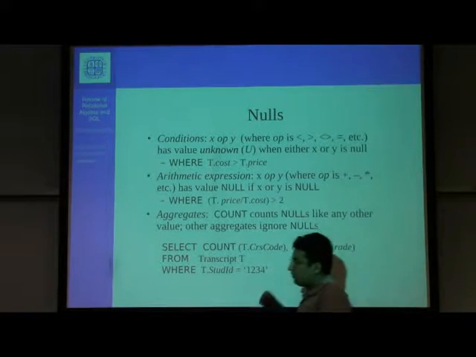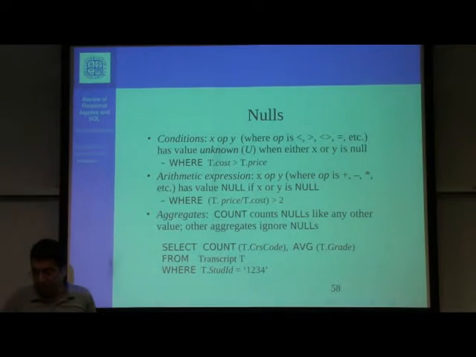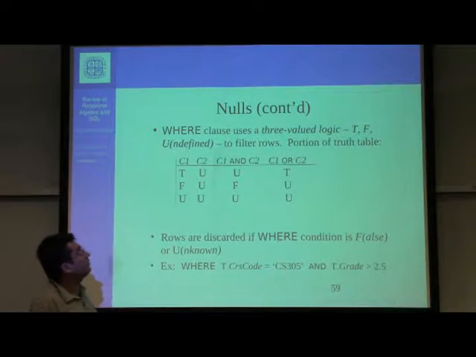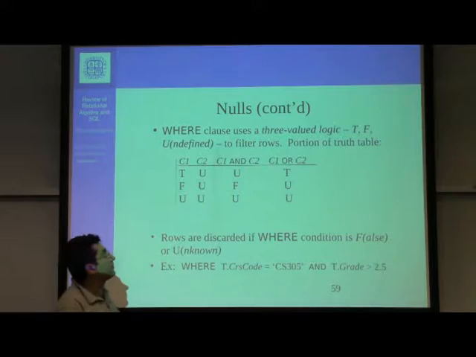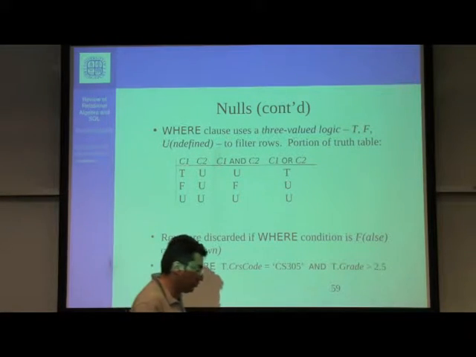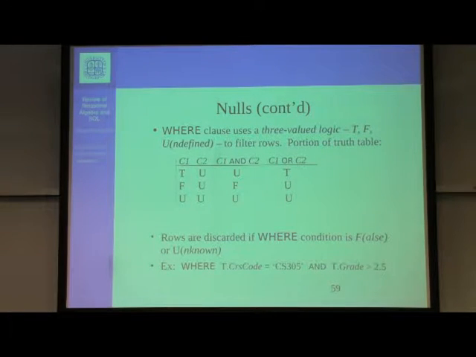Now let's see what's going on if we have a null inside of the comparison and the result of the comparison. If we have a null inside of the comparison, then we have to define the three-valued logic to define a semantic for the query.